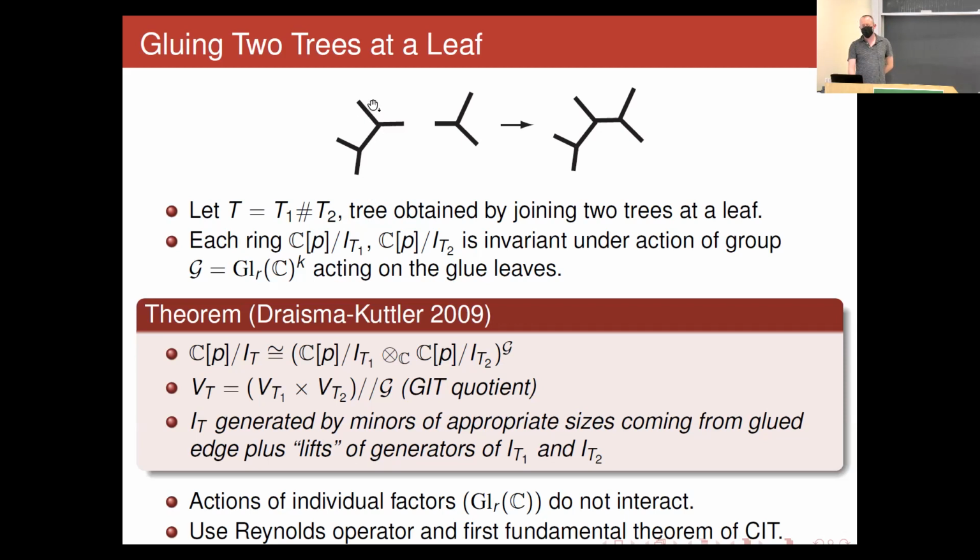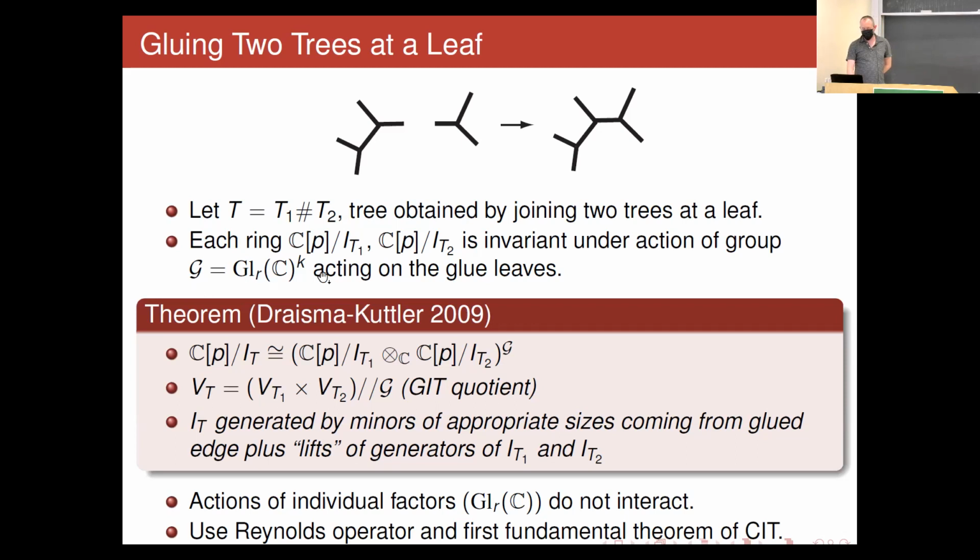Remember there's a matrix associated to each edge of the tree, the Markov transition matrix. So at the leaves, you have that matrix hanging there off the edge, and you can multiply by an arbitrary matrix, and that won't change the variety you get. So there is this GL action, or more generally, usually some more complicated group than just the general linear group, but it acts at each leaf.